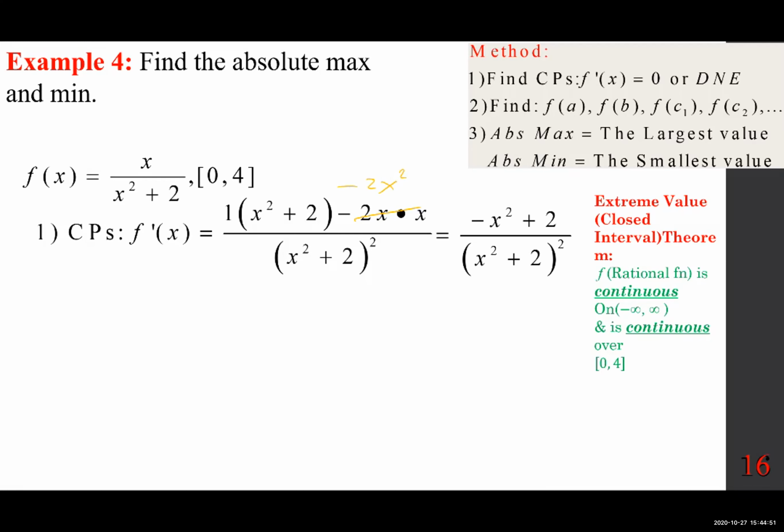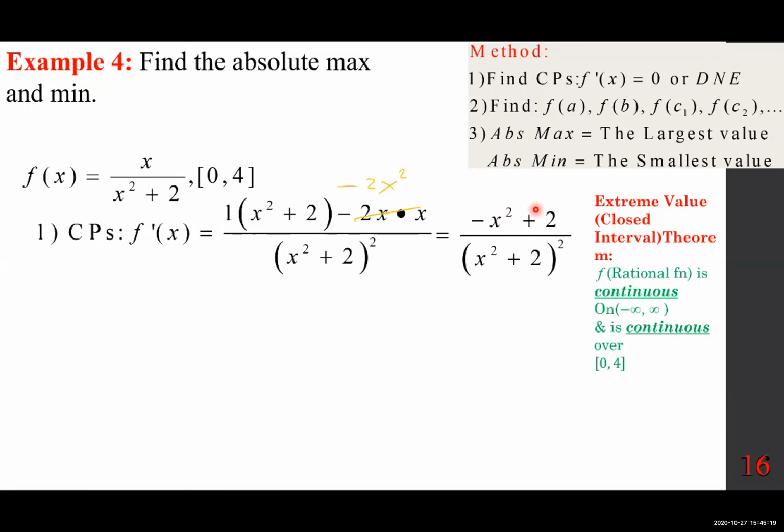And now the next step is to find critical points now that you have f prime of x. To find critical points, remember, f prime equals 0, so the numerator is 0. So you solve that. Or f prime doesn't exist, where the bottom is 0. The bottom, we said we can't have x squared plus 2 equal 0. Therefore, when you square it, the same thing.